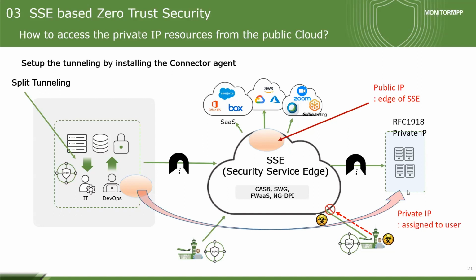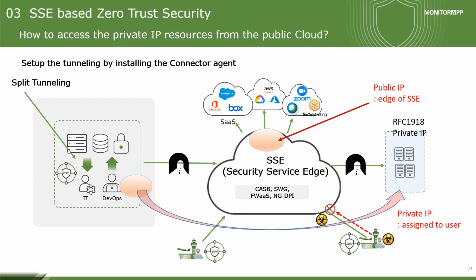But in this case, when you try to access the private IP resource, the source IP will be the private IP assigned to the user when activating the GTNA agent. And also, you may have a requirement, for example in your office network, for some resources not to be accessed through the SSE platform.